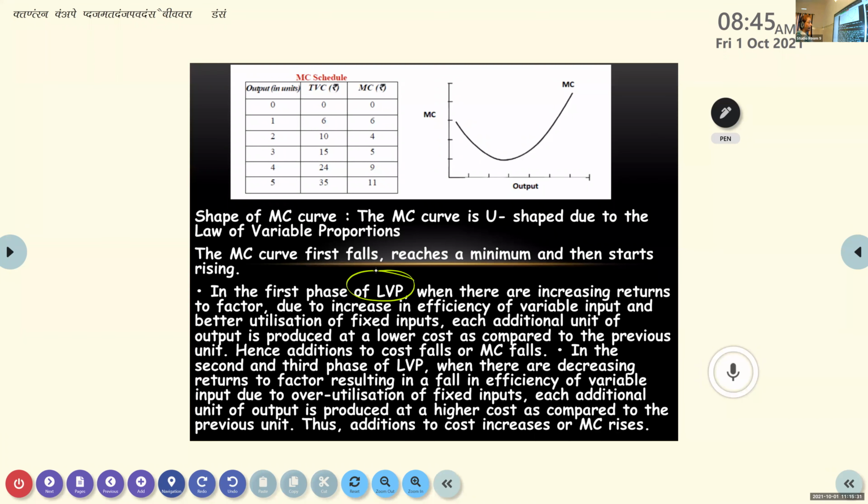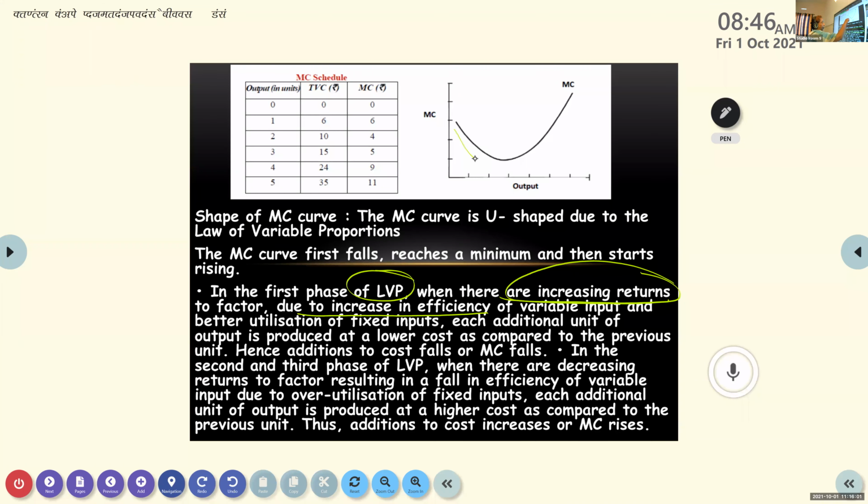You have studied this before. In the first stage of the law of variable proportion, increasing returns will be there. Why is it so? Because of the increase in efficiency. As we change the variable input, the efficiency also increases. Because of that, in the beginning stage, returns will be very high, so cost will be low.